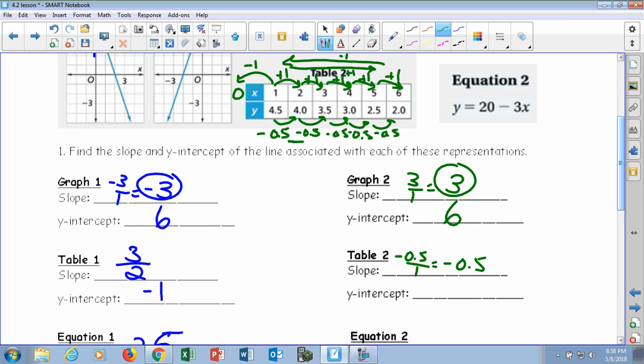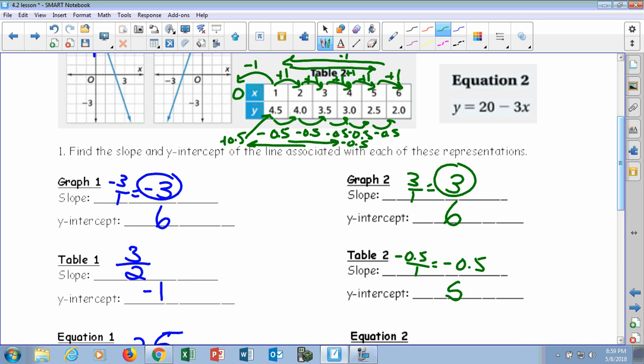If I'm going this way in my y's and subtracting 0.5, if I go this way in my y's, I'm actually adding 0.5. So add 0.5 to 4.5, and what do you get? 5. And 5 is our y-intercept. If you got 5 for your y-intercept, that's great, because that was a tough one, and you got it. Good job. You saw the pattern in the table.